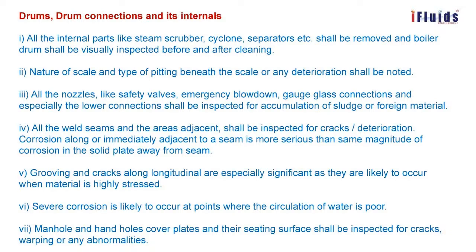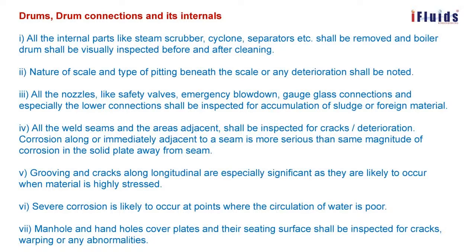Drum connections and internals. These again are the list of inspection points only. All the internal parts like steam scrubber and cyclone separator shall be removed and the boiler drum shall be visually inspected before and after cleaning.